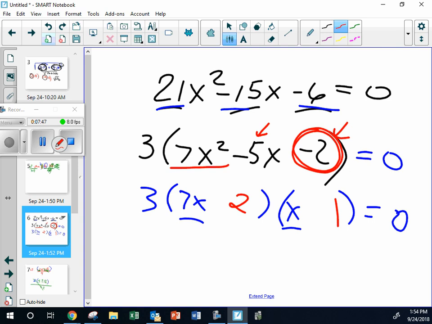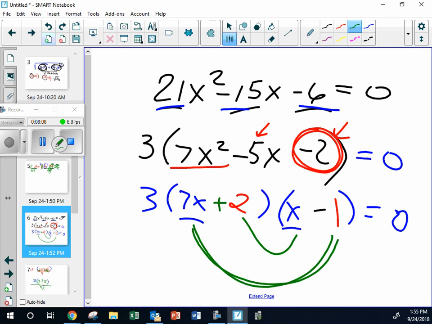Now that's where I have a little bit of play. I can like say maybe that one's positive and this one's negative. I'm not sure. Now how do I know if I'm right? This is the hard factoring, and you've got to be able to do this. This class leans a lot on factoring. When I put these together, I get -7x and +2x, and I actually lucked out, and I got -5 right off the bat.